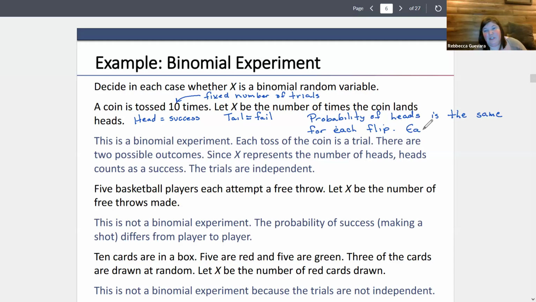And also each flip is independent. The probability of what I get on that coin does not affect the other one. So as we see here, this is a binomial experiment.